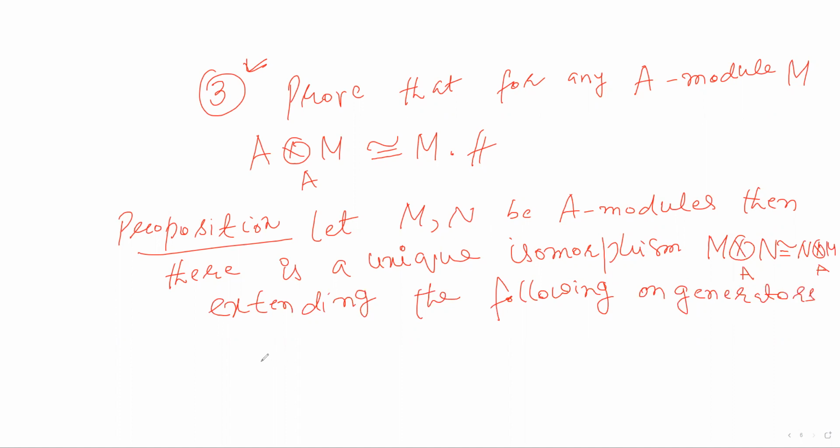So the map from generators to generators is this one: x tensor y goes to y tensor x, where x is in M, y is in N. So we just have to show that these tensor products are isomorphic via this map on generators.